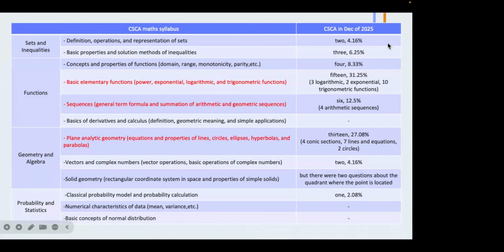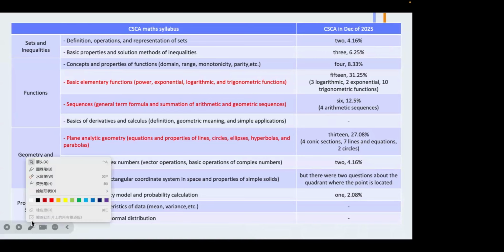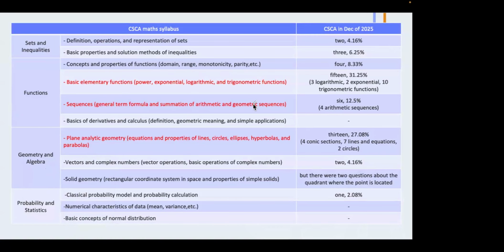let's first go through the math syllabus. So here, what you have to pay attention is about the right-hand side, where you have different proportion of those topics that you will encounter in your math syllabus. And I have to emphasize, you need to lay some foundation on those high proportion.